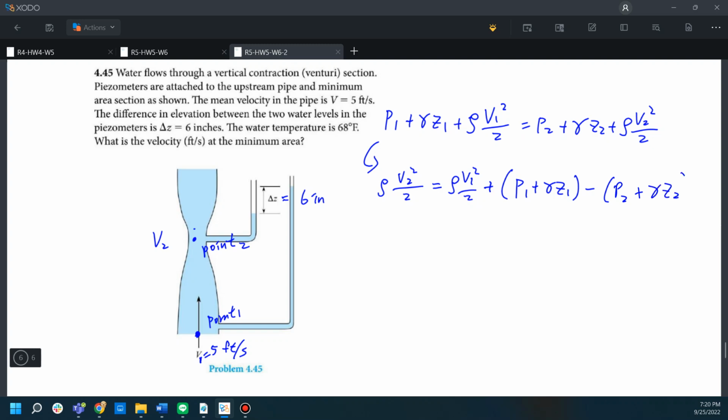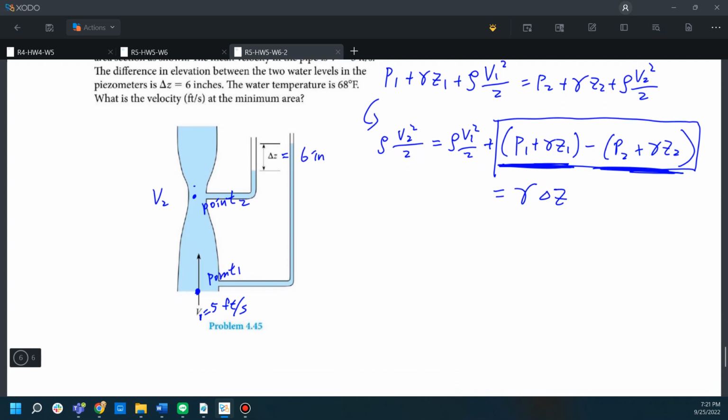And the terms here are the information that can be provided by the piezometer. Okay, so the difference of these last 2 terms is equal to gamma delta Z. Okay.